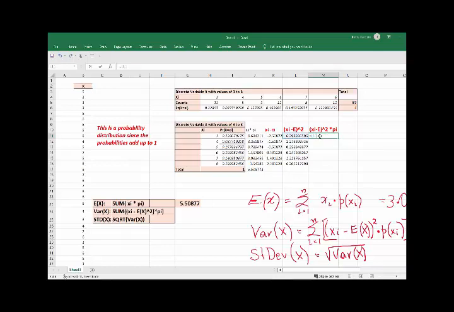L11, that is the difference, times the I11, that is the probability. And I got it. So that's now the product of all of those. The next step is to sum them up. So I sum all these up.